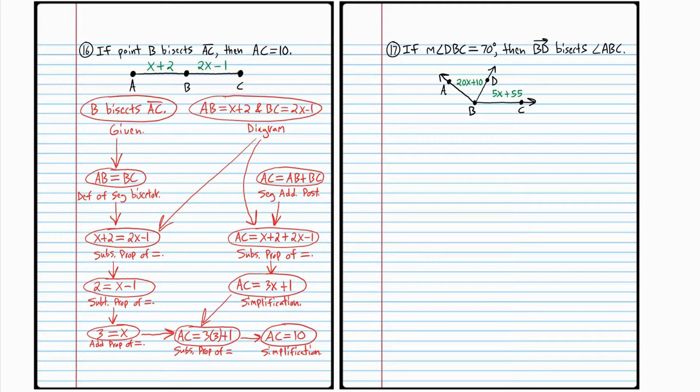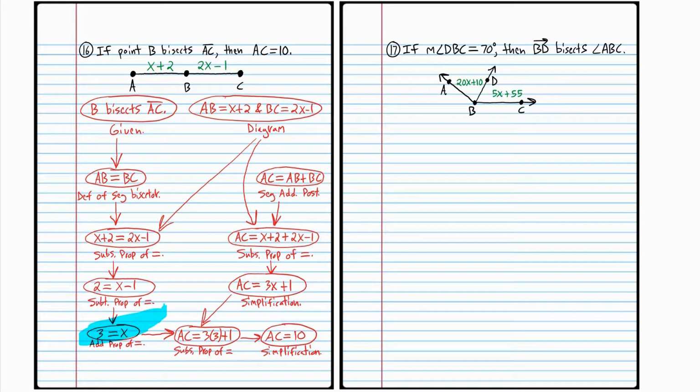And so if B bisects AC, then by the definition of a segment bisector, we know that AB is equal to BC. So this length is equal to this length. And we can use these expressions and this information here to conclude that x plus 2 must be equal to 2x minus 1. And then we can just do all the algebra and find that x equals 3.